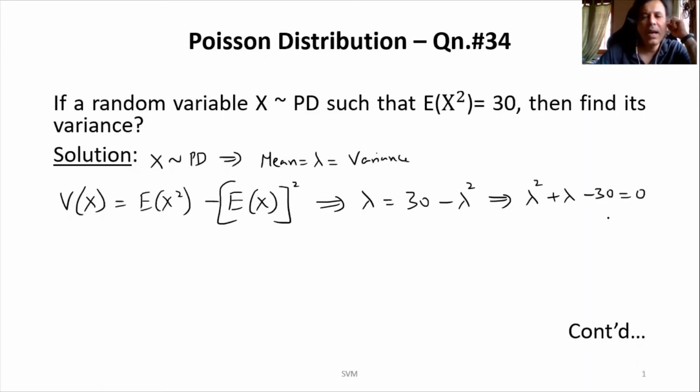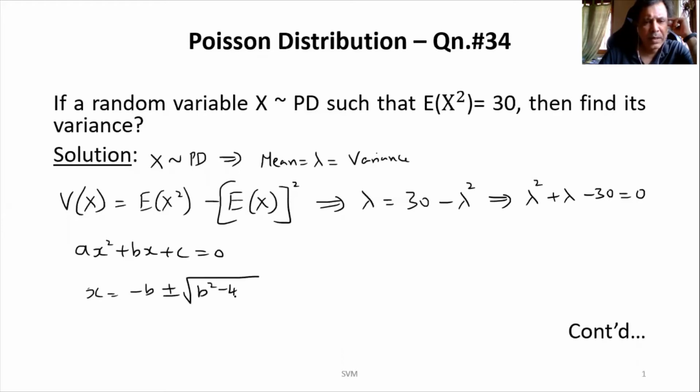This is a quadratic equation. So let's solve the quadratic equation by using the formula method. If ax square plus bx plus c equal to 0 is a quadratic equation, then x is minus b plus or minus square root of b square minus 4ac, by 2a. We will apply that formula here.